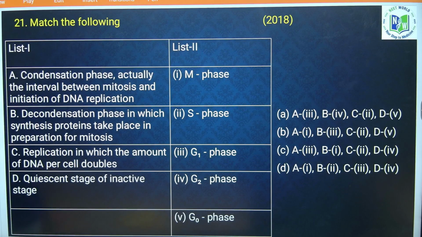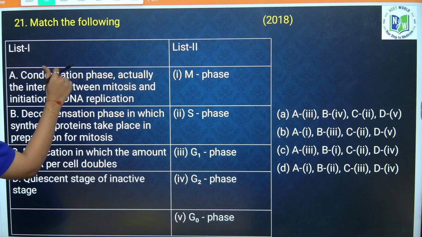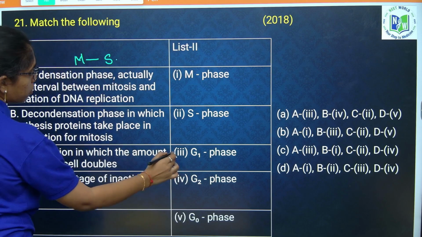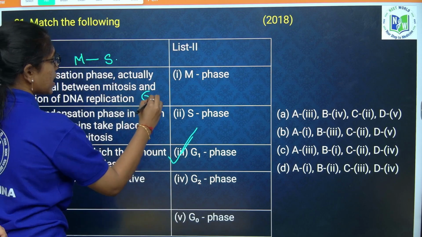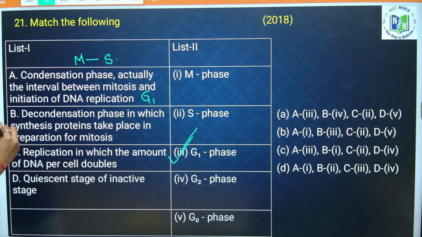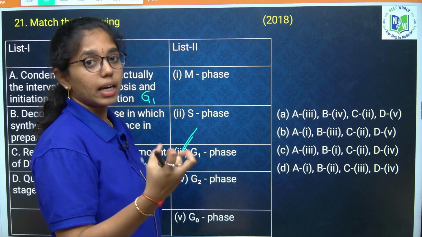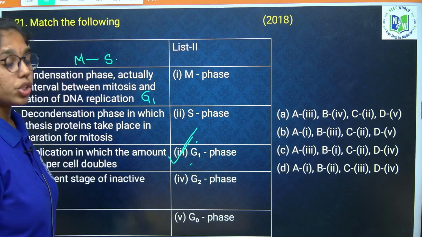Match the following type in 2018. The interphase is the interval between M phase and S phase. Of course, our option is 3, that is G1 phase. Cytoplasmic growth takes place, and most of the cell organelle duplication occurs in G1 phase.